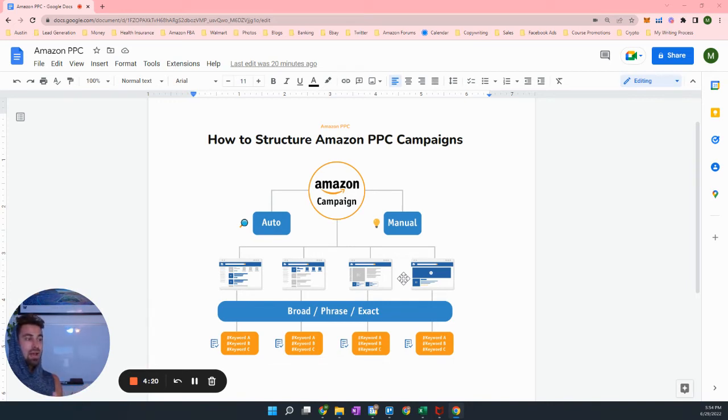And so as you go through in a broad campaign, you want to optimize it so it's more and more targeted. Let's take the screwdriver example again.